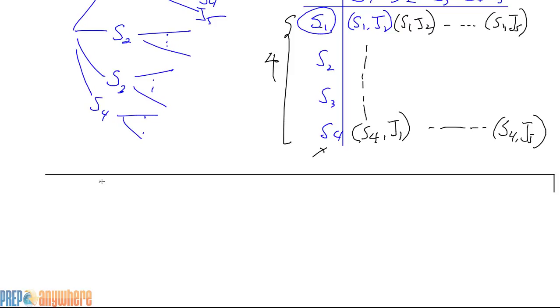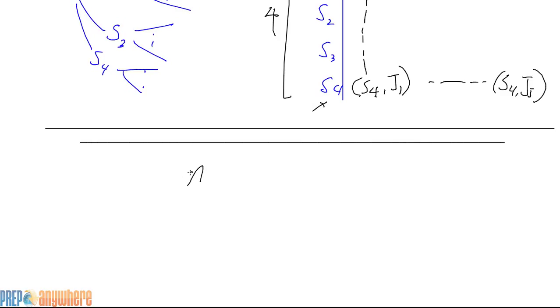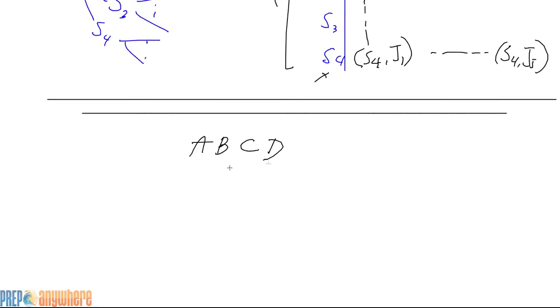Okay, so let's do a very simple example. Let's say we have the letters A, B, C, D, and I want to know how many different ways I can rearrange these letters.